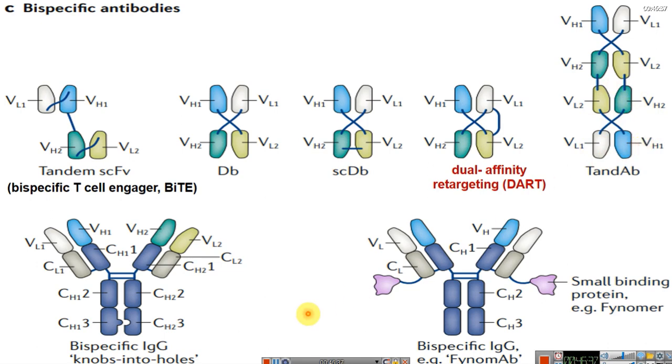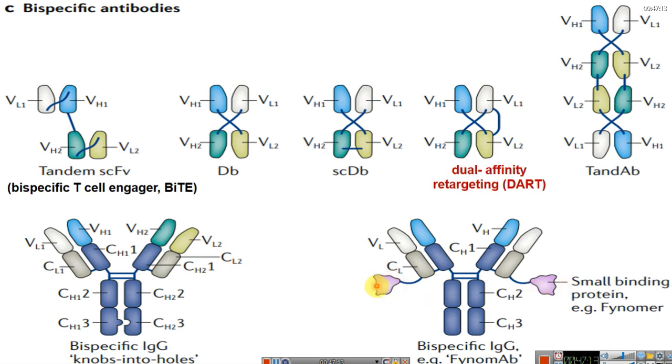Okay, now this is also a bispecific IgG, but it has certain modifications in the CH region, so that there is a knob and hole like structure that fits into each other. Now here some small binding proteins are attached to the light chain's constant region.